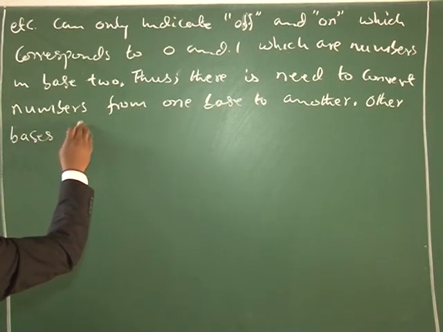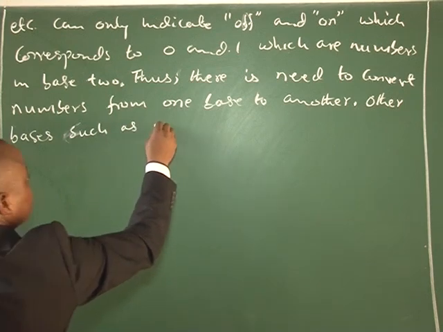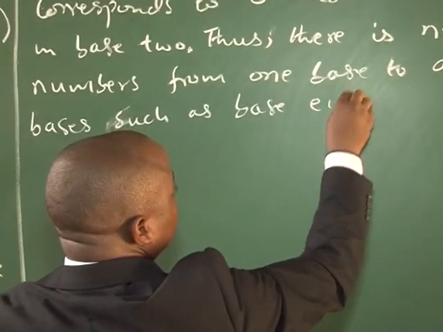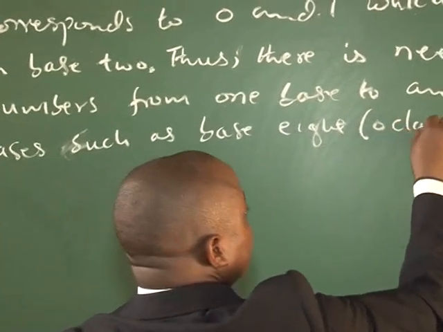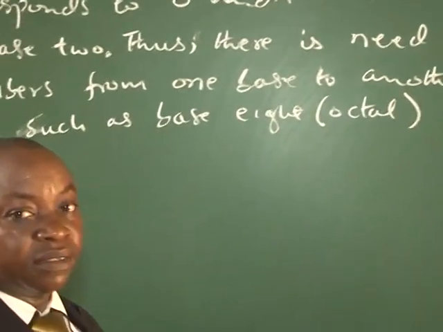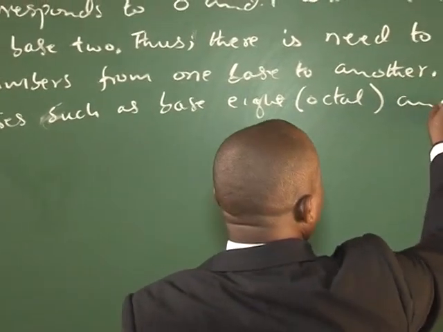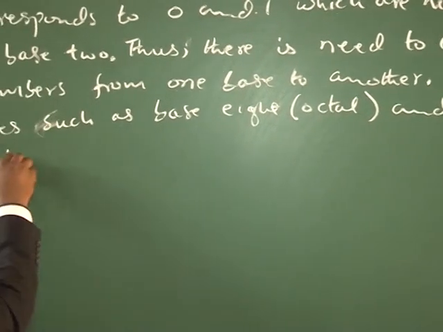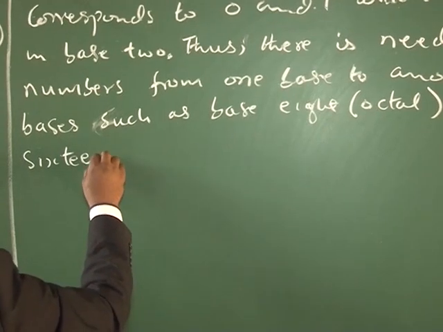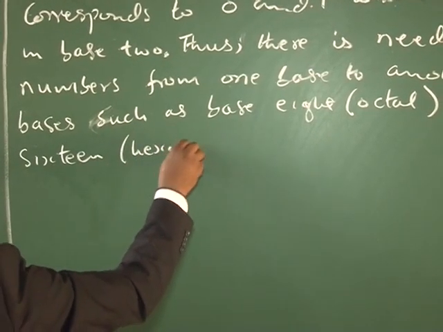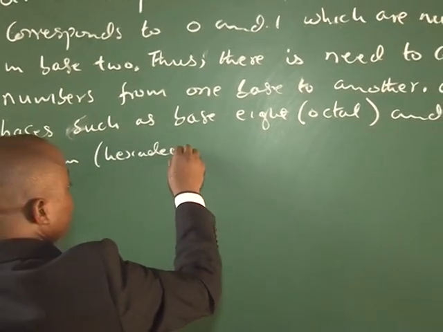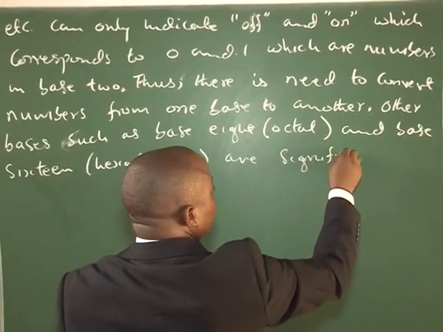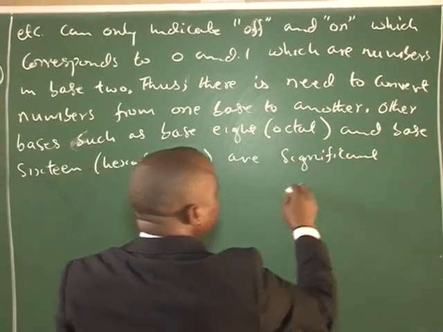Other bases such as base 8, which is called octal, and base 16, which we call hexadecimal, are significant number systems.